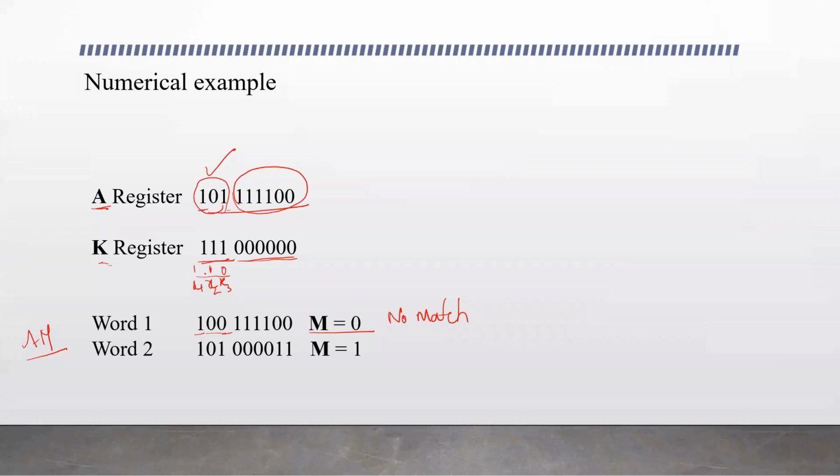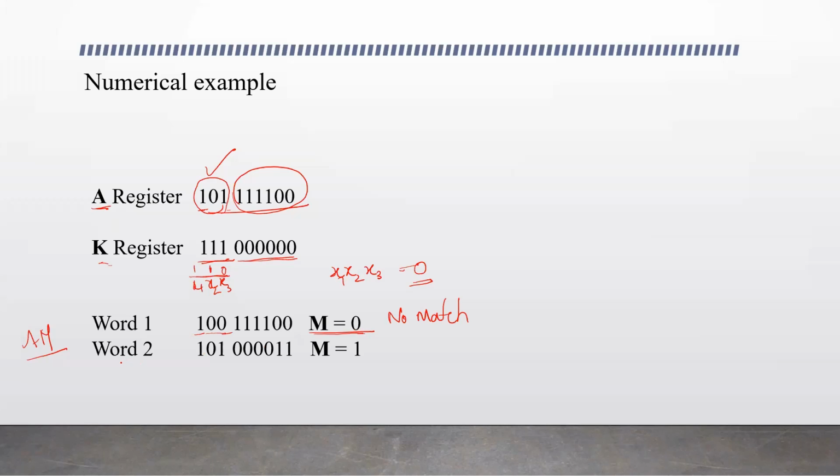Finally, the AND operation is performed: x1 AND x2 AND x3. That gives us 0. If the result is 0, there is no match. If the result is 1, the bits are matching. So here the corresponding match bit is set to 0.